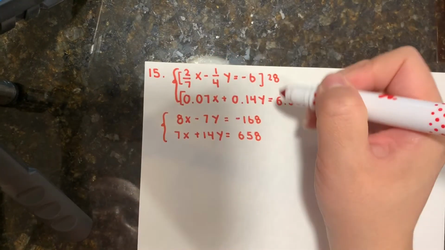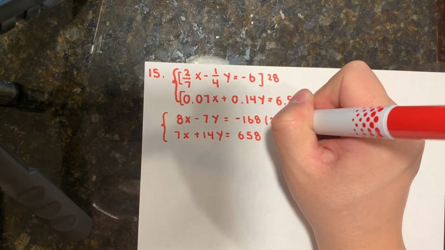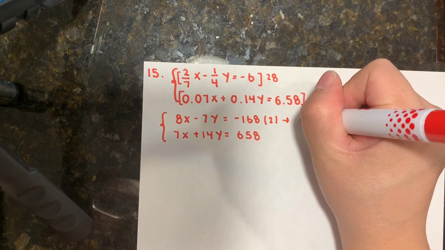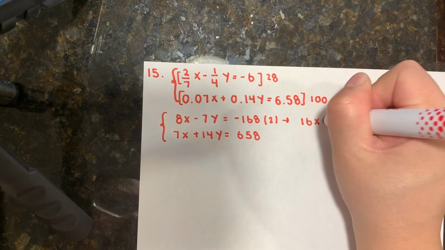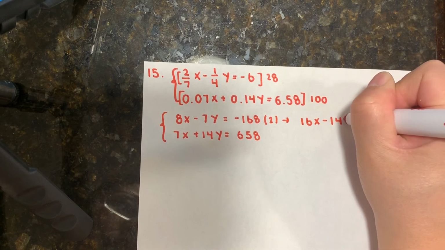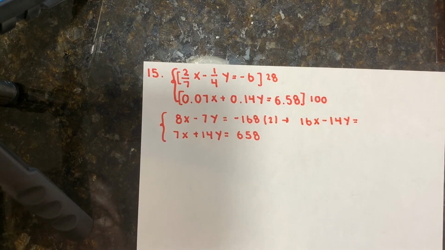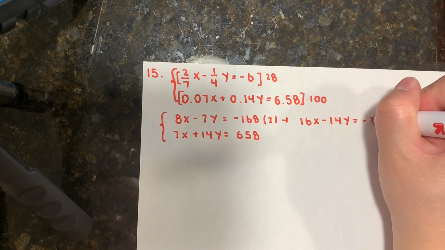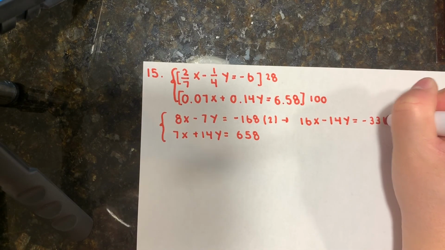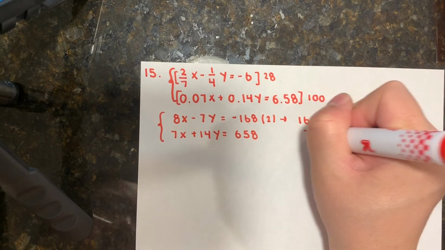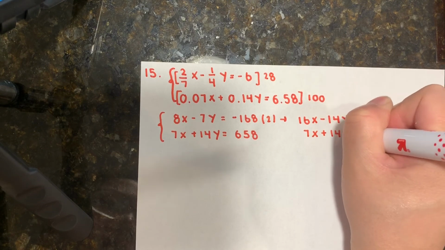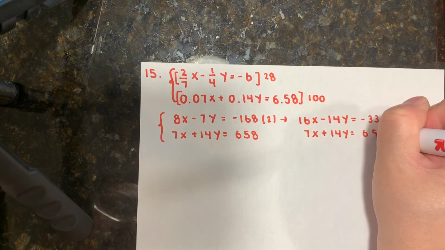I'm going to multiply the top equation by 2 so I can eliminate the y. So if I multiply that by 2, I get 16x minus 14y is equal to 168 times 2, which would be negative 336. And I'm adding that to the existing second equation, which would be 7x plus 14y equals 658.